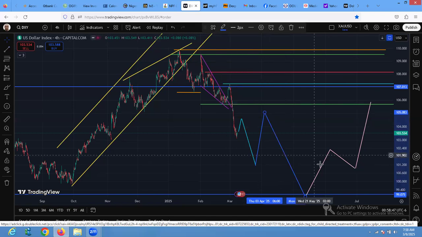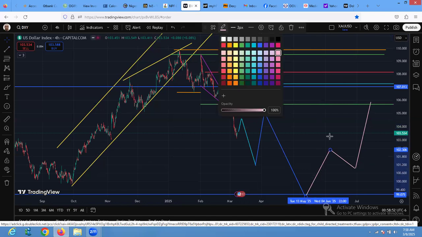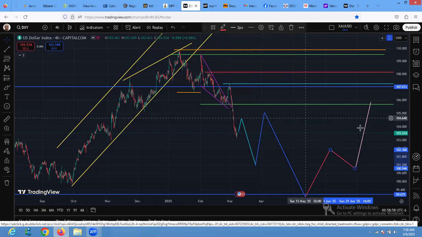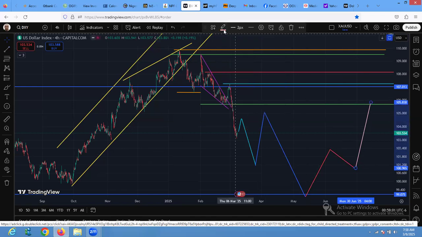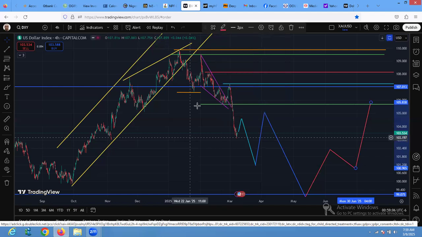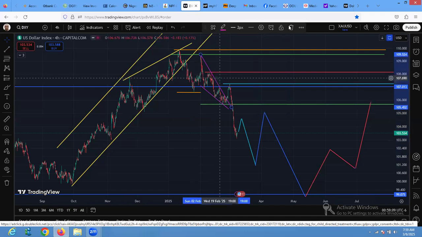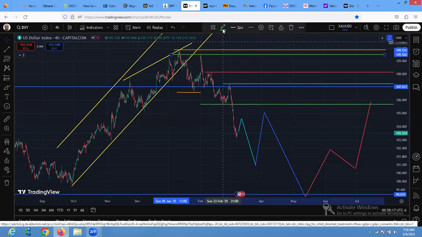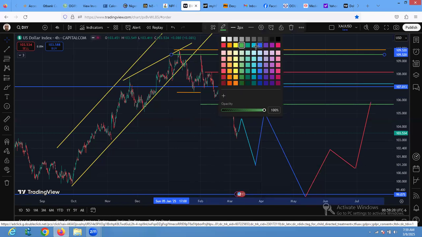Then we have this correction to the upside, the correction to the upside, and ABC. I will take my pen to take time to show you that. So let's turn all those to blue.